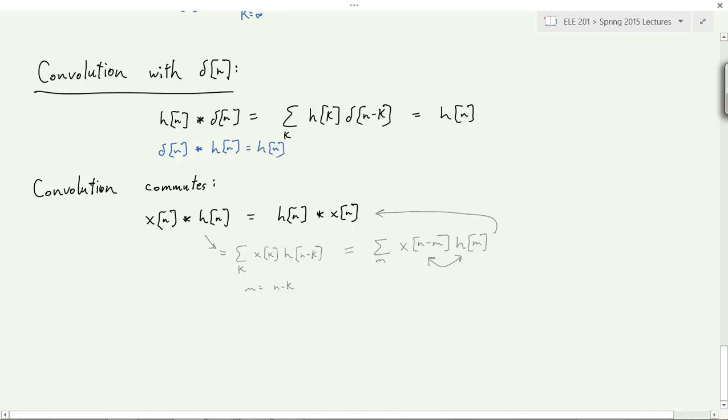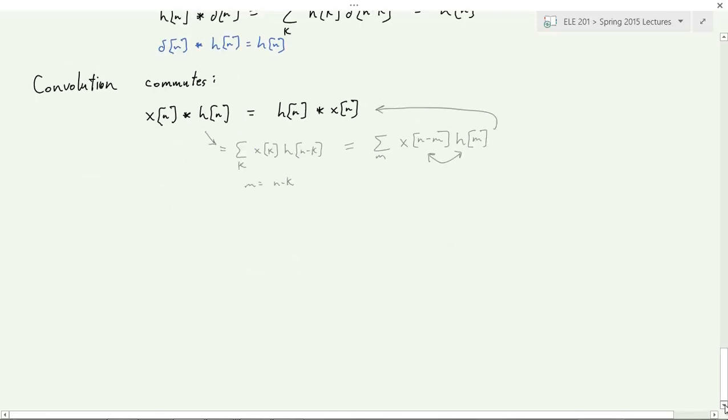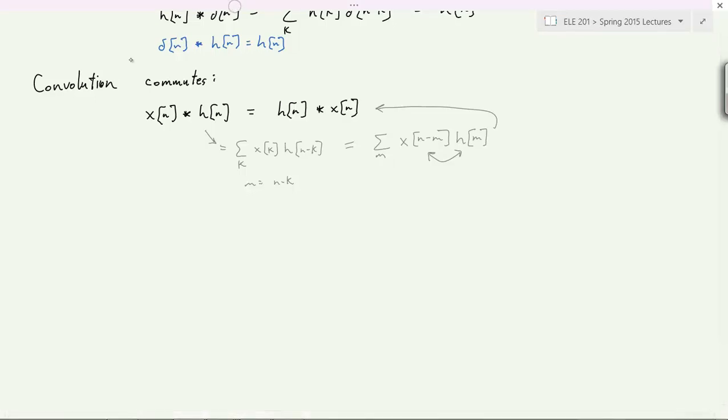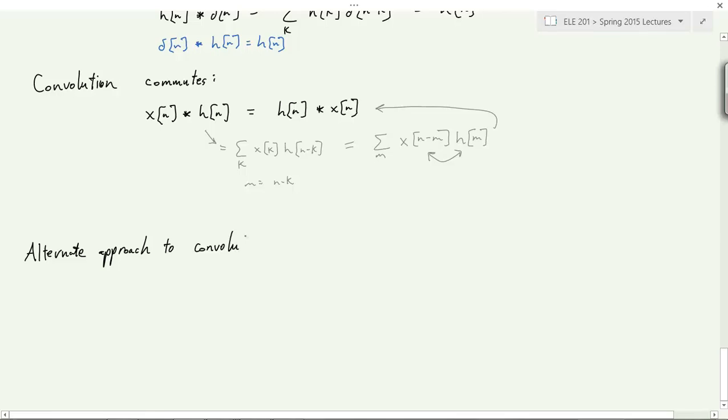Okay, same thing. Now, that gives us a new way to think about convolution in general. Suppose we want to do the same convolution as above.